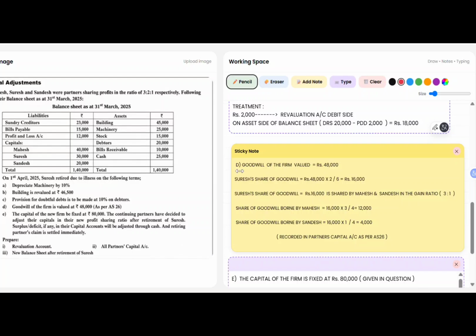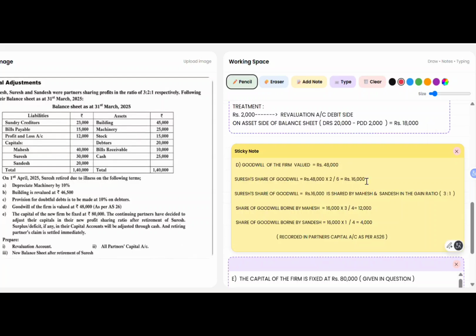So here we have to only take the goodwill of the retiring partner and distribute it to the continuing partners. So Suresh is a retiring partner. So Suresh's share of goodwill will be the total goodwill 48,000 into Suresh's share, 2 by 6. So here the goodwill value for Suresh is 16,000.